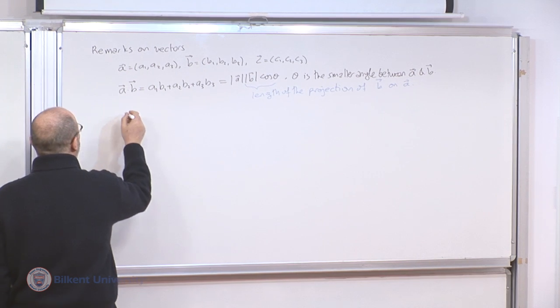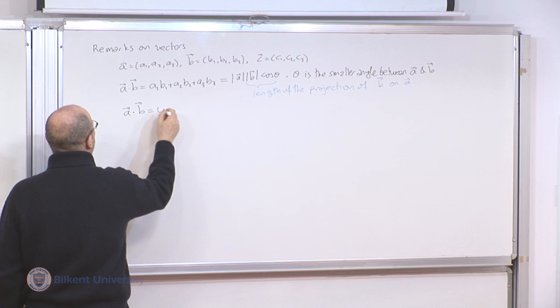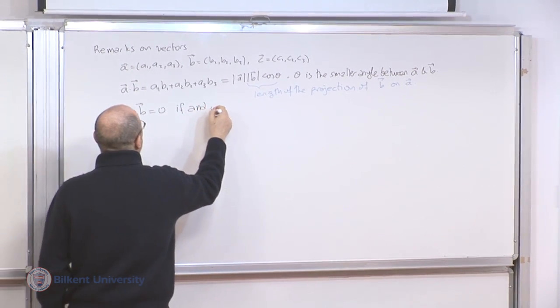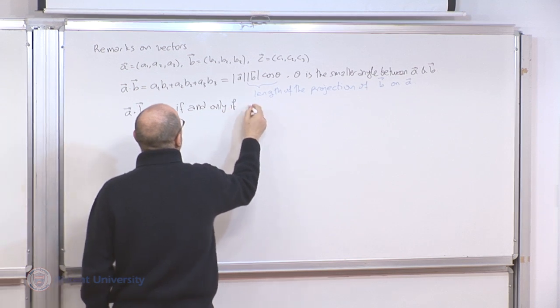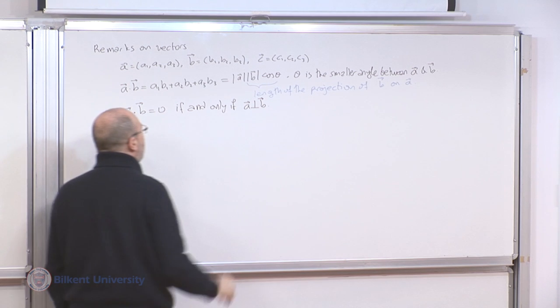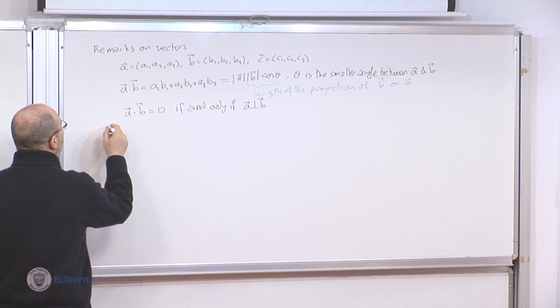So A dot B is equal to 0 if and only if A is perpendicular to B. Okay, so that was what we remember from the dot product.